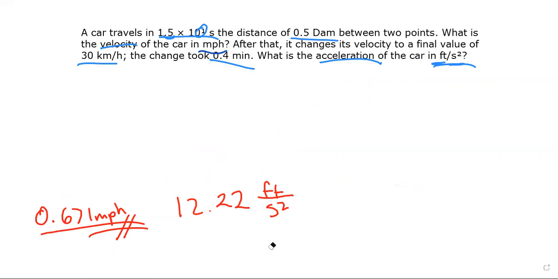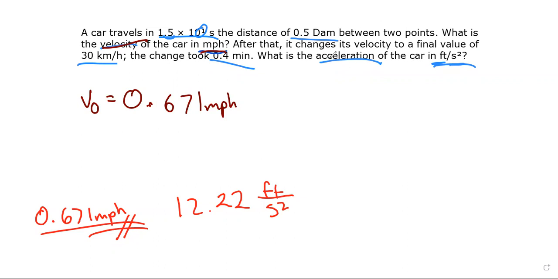We already know the original velocity. Sorry, I'm looking for my color and my pencil. Ready? Well, let's change the color for the result. So it asks us for the original velocity, that is 0.671 miles per hour, right here.